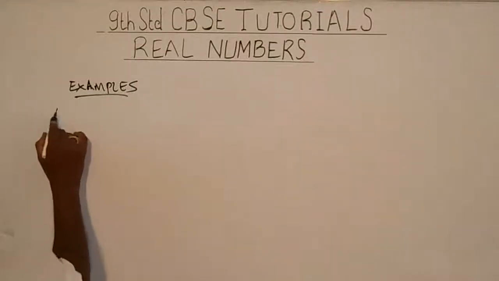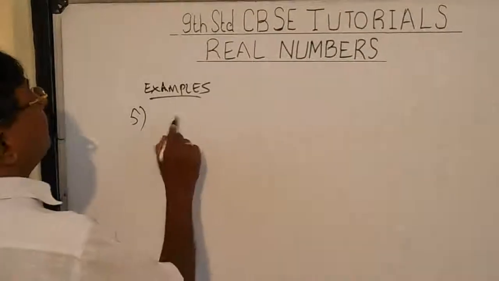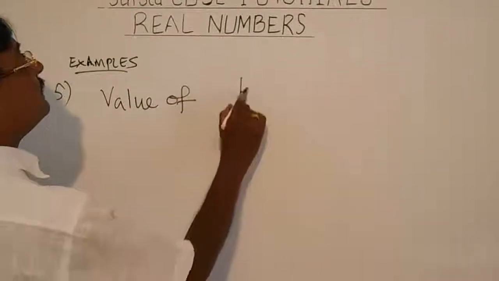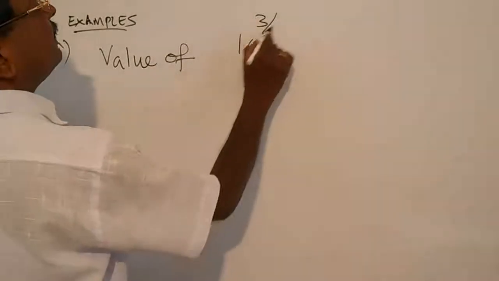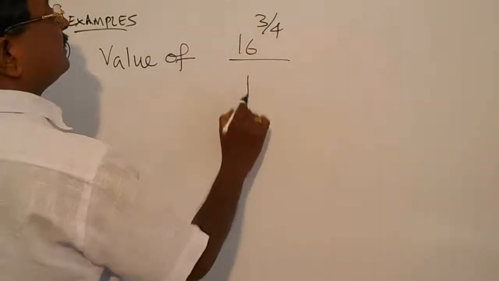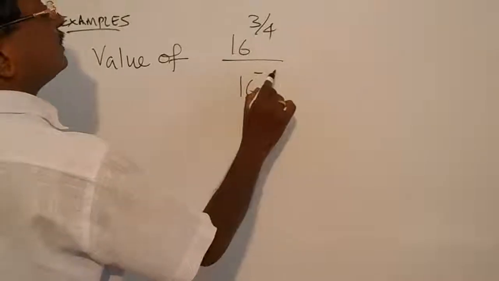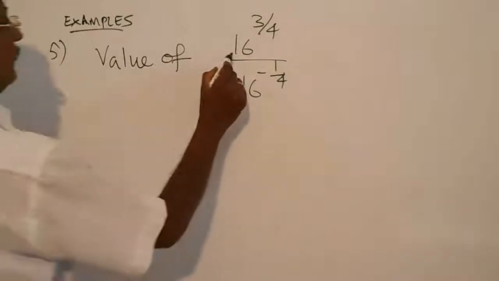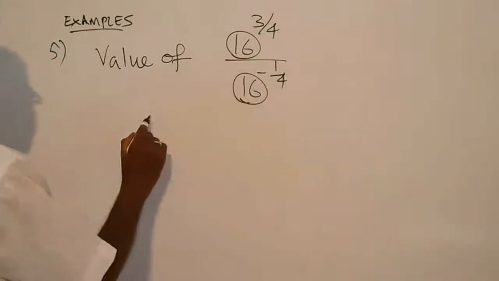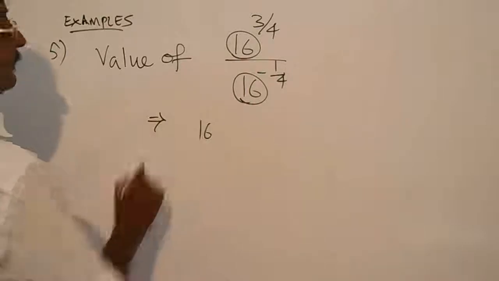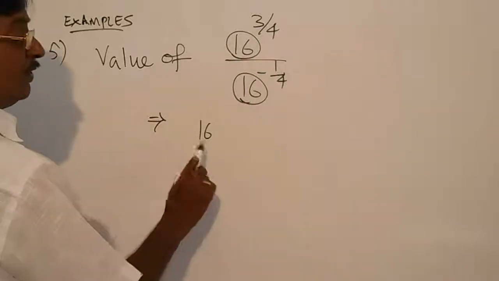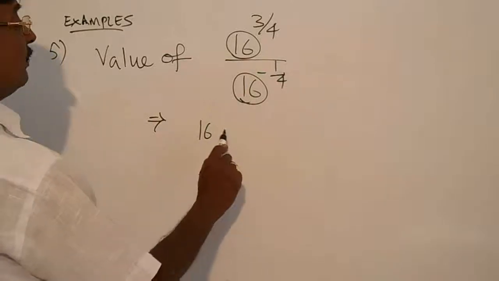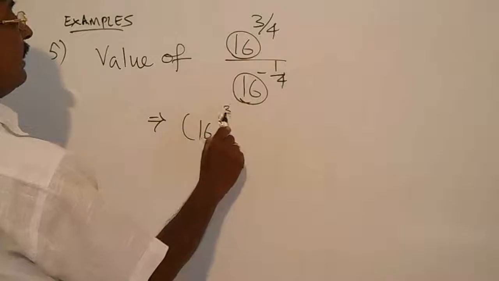Next example, example number 5. Find the value of 16 to the power of 3 divided by 4 divided by 16 to the power of minus 1 divided by 4. Since the bases are the same, I will write 16 to the power of 3 divided by 4.